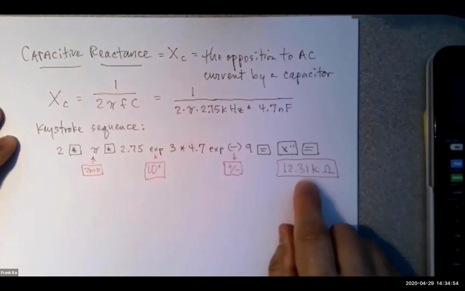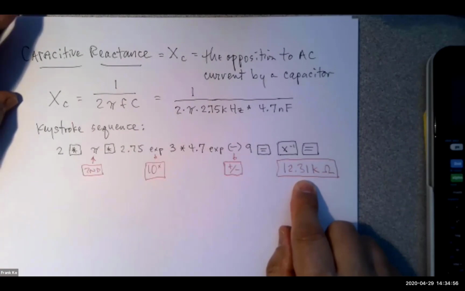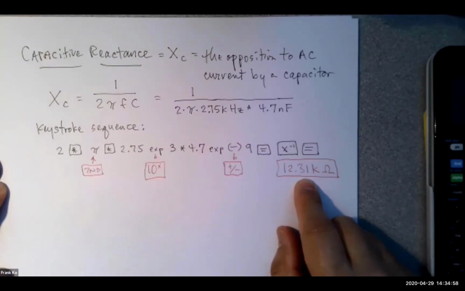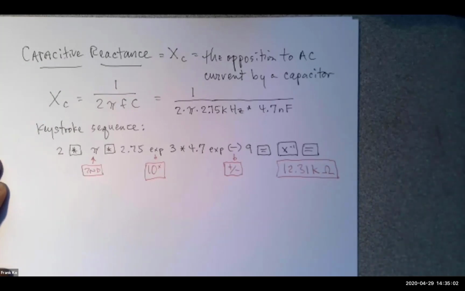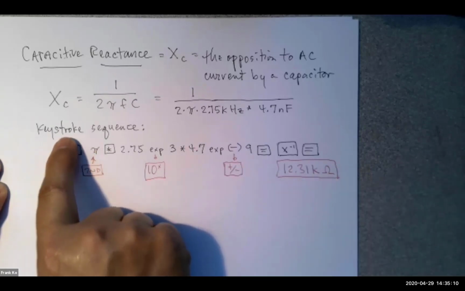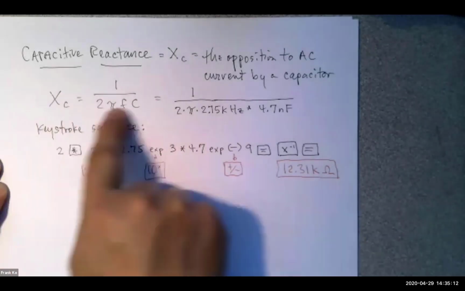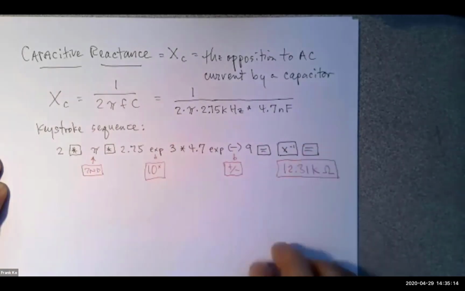Now, that having been said, we have the value of capacitive reactance, and I can now pop in a value that I will choose. So before I do, does everybody feel confident in using this formula and making a calculation?